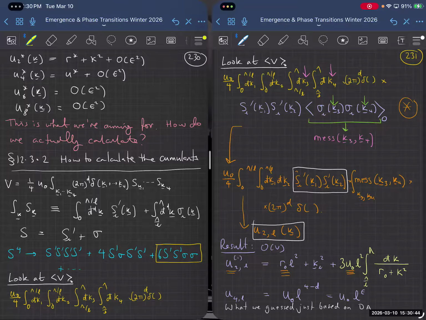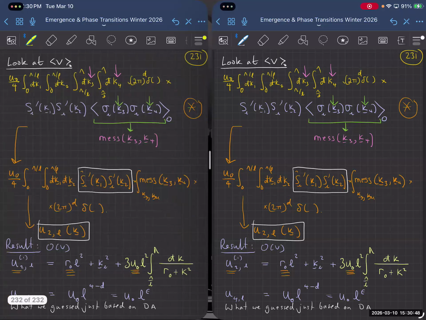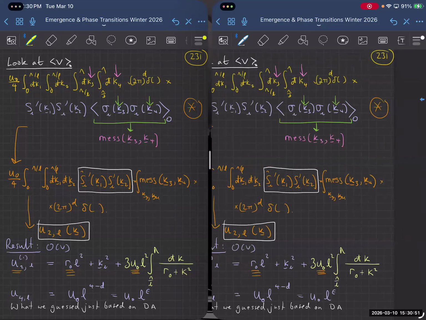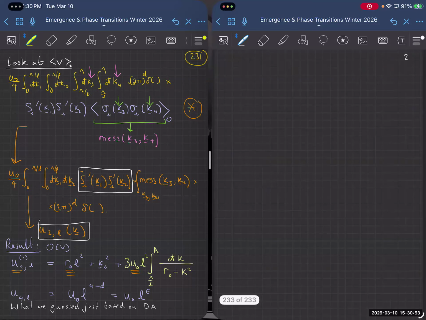We're not going to get any non-trivial fixed point. And so sadly, we have to do like 1,000,000 times more work than what I just showed you. Because it's what we guessed from dimensional analysis, it implies no non-trivial fixed point, and it means no anomalous dimensions or critical exponents.